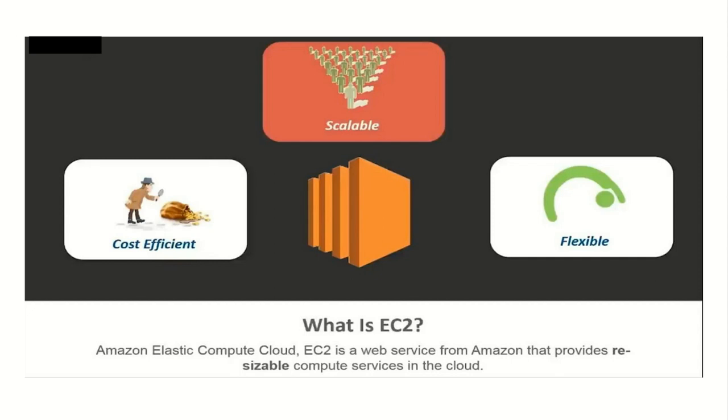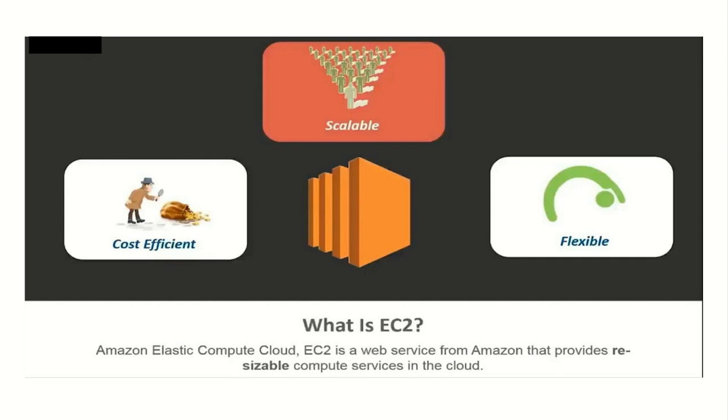When I say an instance, basically what we are doing is we are launching a virtual machine. It is called an instance in terms of AWS. So this virtual machine should be scalable. That means it should scale up and scale down, both in terms of memory, storage, and even in terms of the computation that it is providing.